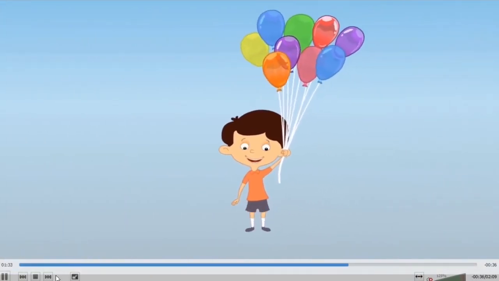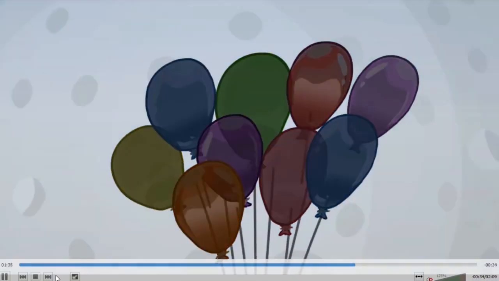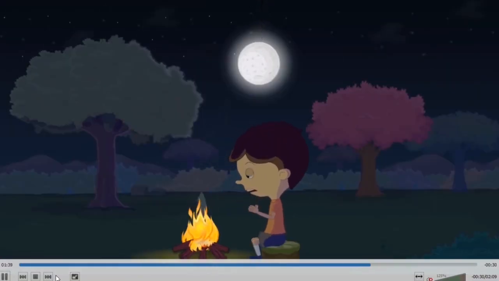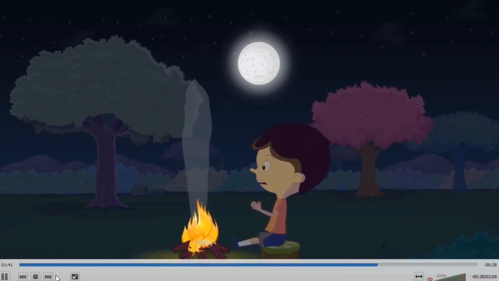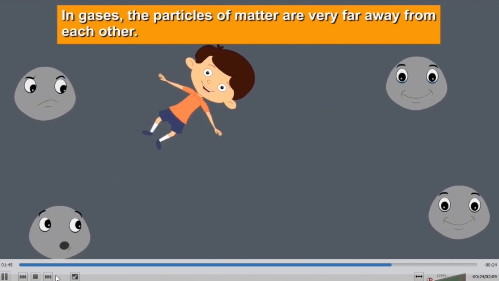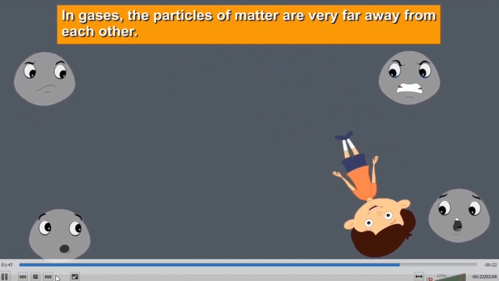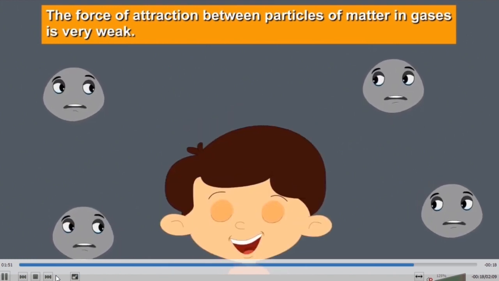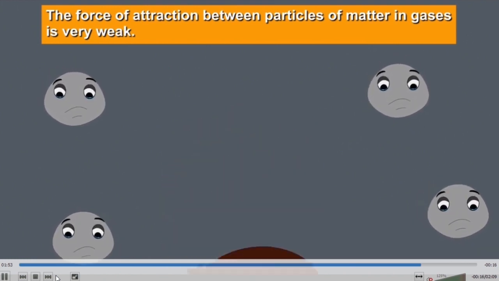Then the last state is gas, and in gas, so like now we have the flame there. In gases, the particles of matter are very far apart from each other, so large intermolecular space exists. The force of attraction between the particles of matter in gases is very weak.